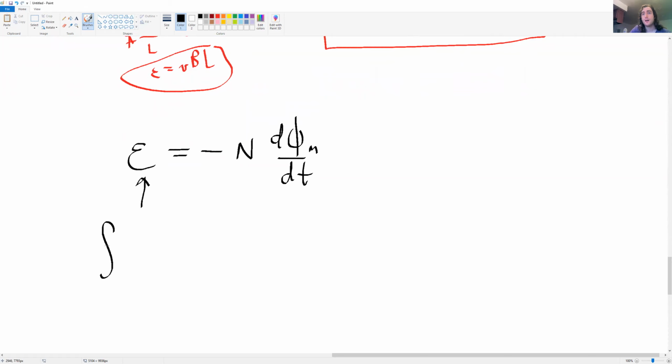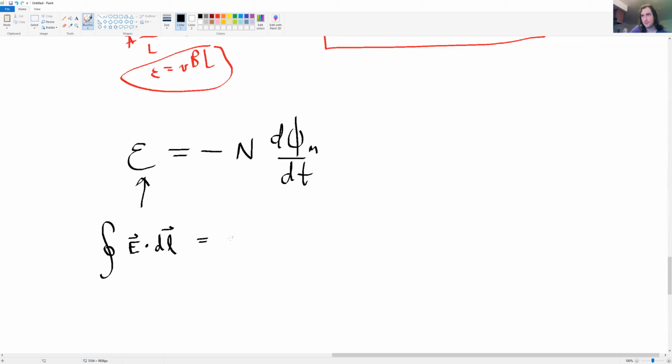It's minus a closed loop integral of E dot dl. I'll use dl because we're doing the magnetism. We've been using dl a lot. So that's how we can rewrite the EMF here.